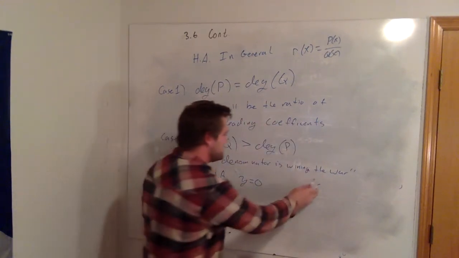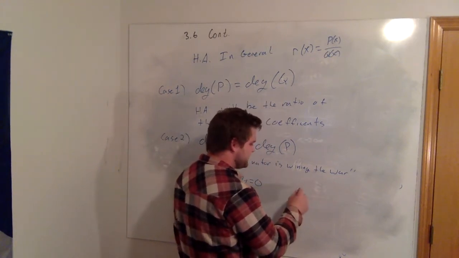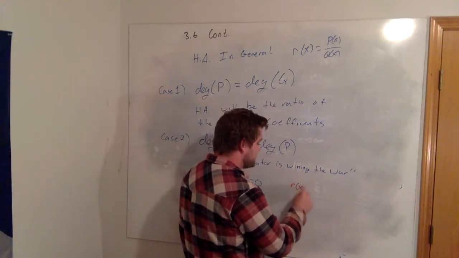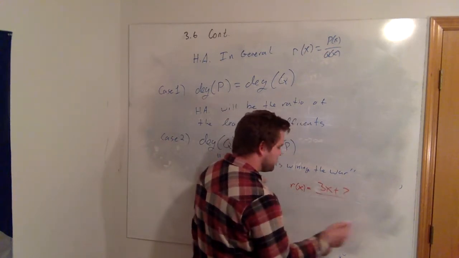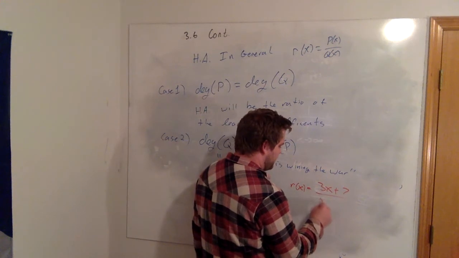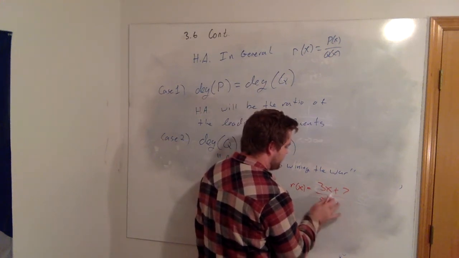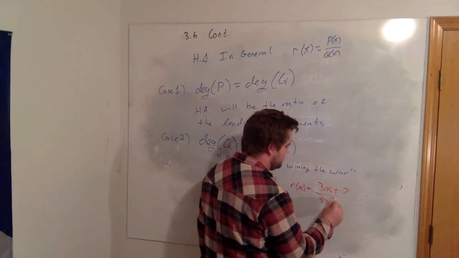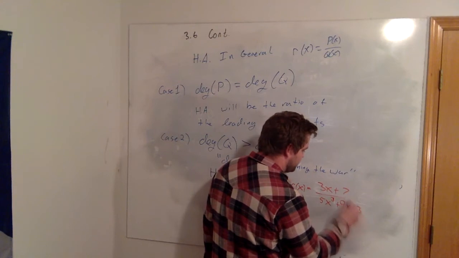Maybe as an example, let's say we have r of x equal to 3x plus 7 all over 5x cubed plus 9x plus 3, for example.